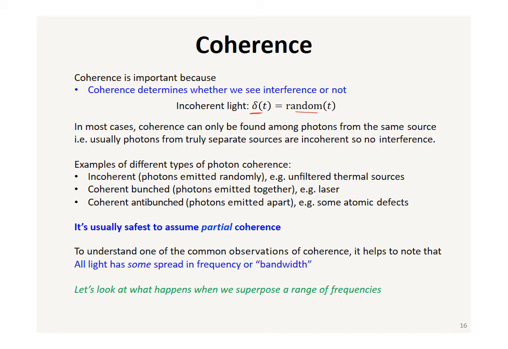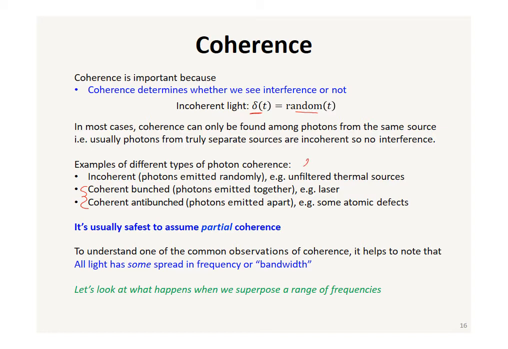So if we want to see an interference pattern, we need to use a light source that emits coherent waves, such as a laser or some atomic defects. Or we need to do something to our incoherent light source, such as a candle or sunlight or a lamp.